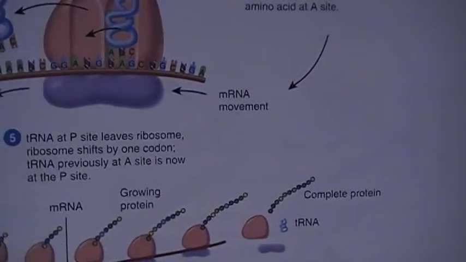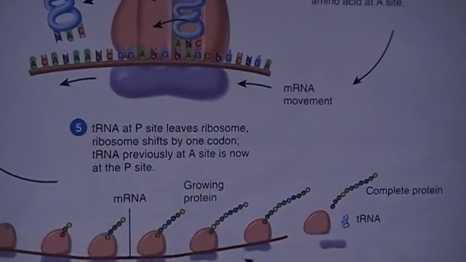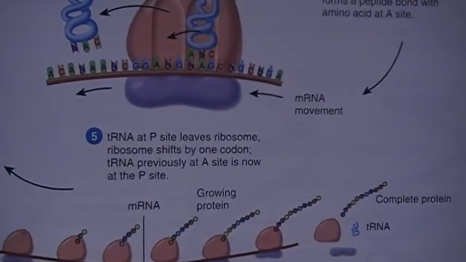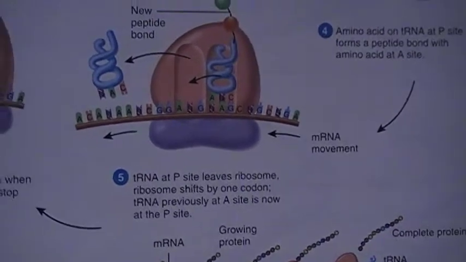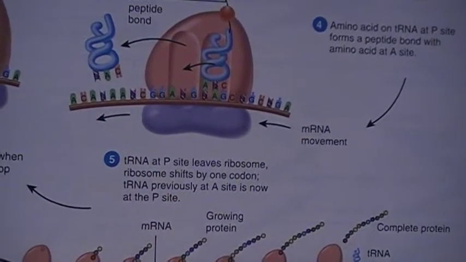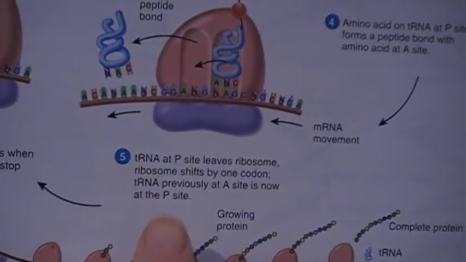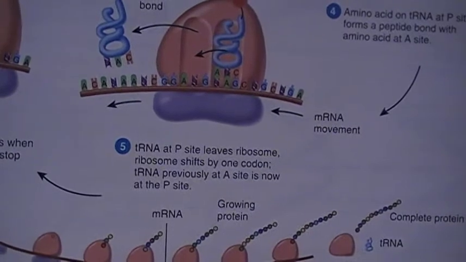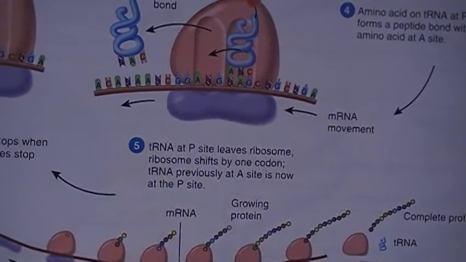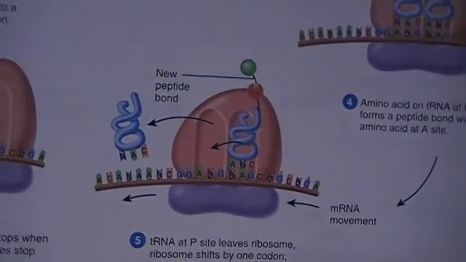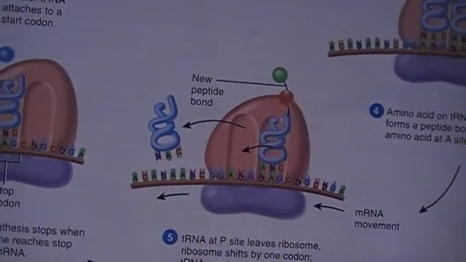Number 5. tRNA at P site leaves the ribosome. Ribosome shifts by one codon. tRNA previously at A site is now at the P site. So now we have formed a new peptide bond.